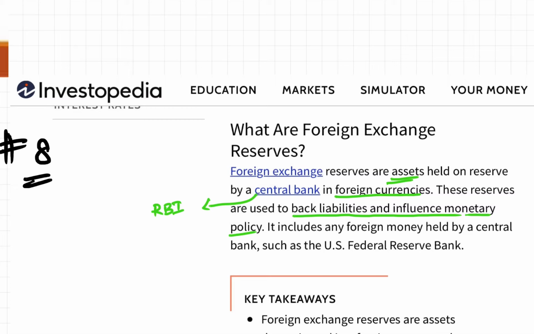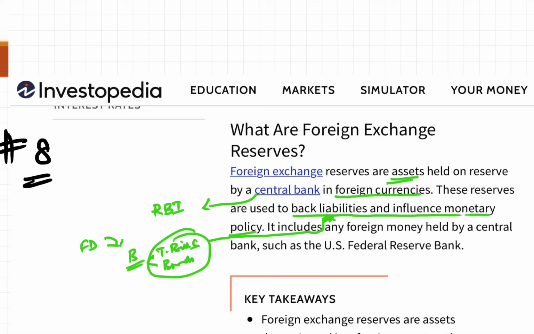Now, what is the one liability that the government has? The borrowings in the form of T-bills. Because of the fiscal deficit, the government has borrowed in the form of T-bills and bonds. Now, what are these? These are liabilities, right?